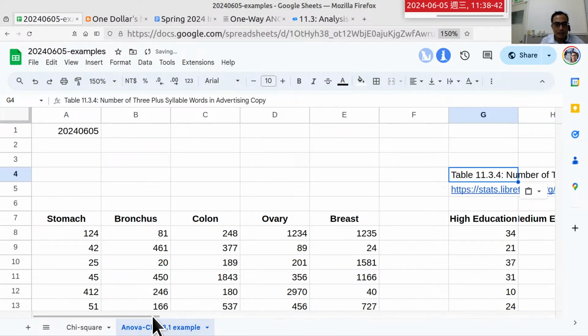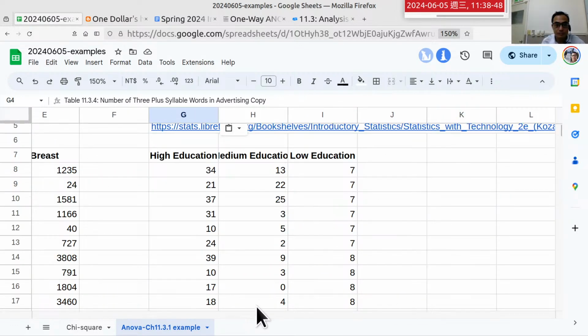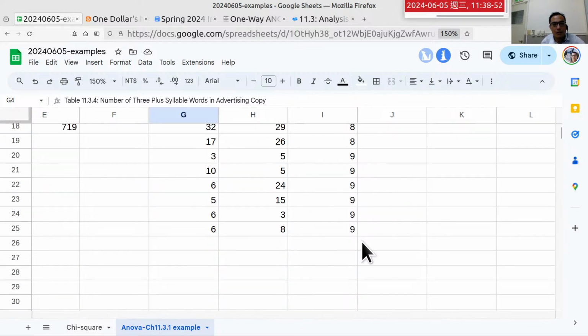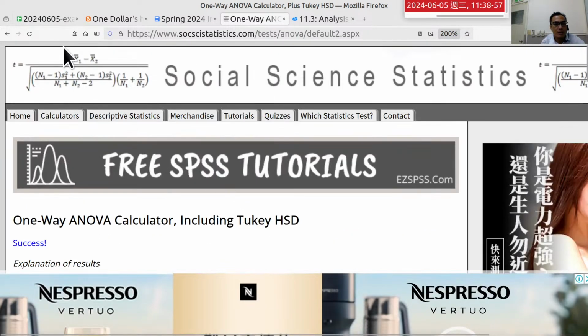Okay, I got it. Then please see higher education, middle education, and lower education, there are groups here. I just go back to this website and reload it.